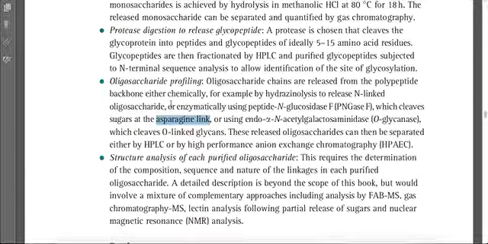So this is how you can separate N-linked glycosylation within the protein. And for the O-linked glycosylation, which takes place on the serine residues, you can treat the glycoprotein with O-glycanase, which cleaves O-linked glycans.